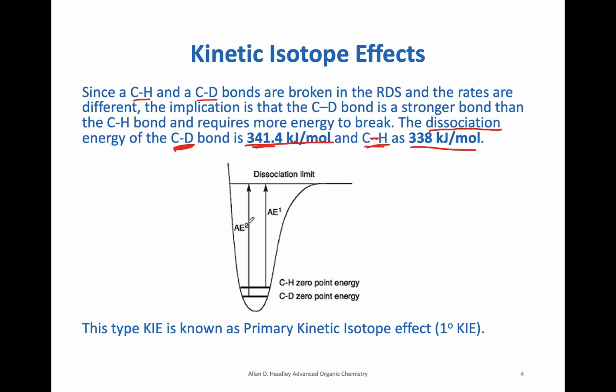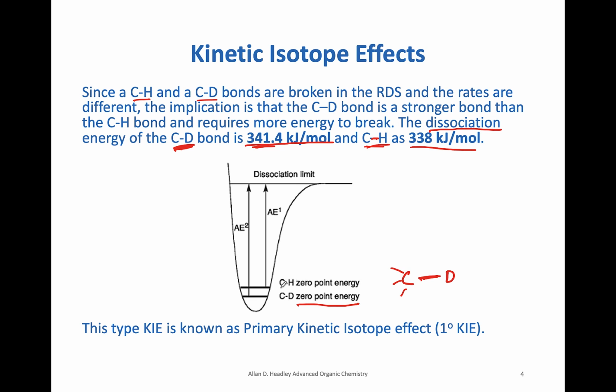That concept is illustrated here, where we have the CD zero point energy. What does that mean? As you know, if you have a C and a D, for example, this bond is constantly vibrating. So this bond here for the carbon to deuterium is constantly vibrating, and the frequency, which corresponds to the minimum energy, called the zero point energy, is here.